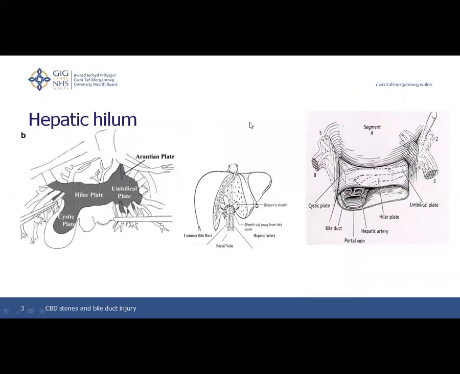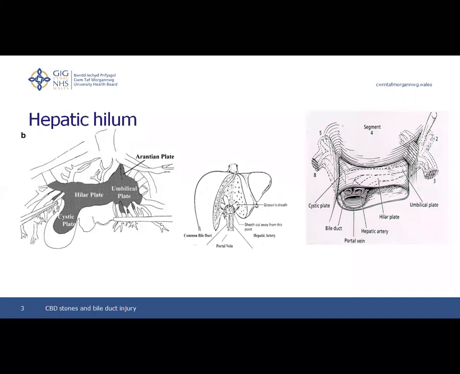Coming on to this slide, and this is a wonderful slide. Before we go into the bile duct anatomy and the pathology and the stones, we have to know about the hilar plate, or the liver hepatic hilum, which is in the hilum of the liver.